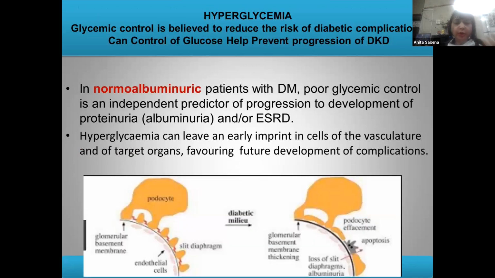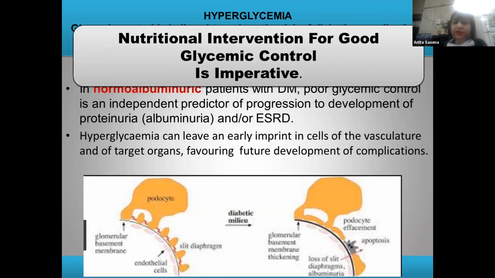In normoalbuminuric patients with diabetes mellitus, poor glycemic control is an independent predictor of progression to development of proteinuria and or ESRD, and hyperglycemia can leave an early imprint in cells of the vasculature and of target organs, favoring future development of complications. Now, nutritional intervention for good control of glycemia is therefore imperative.